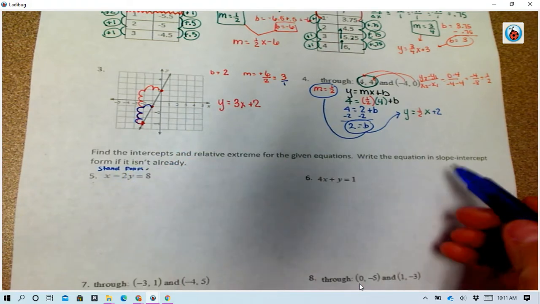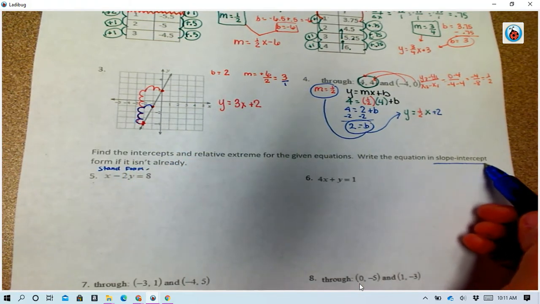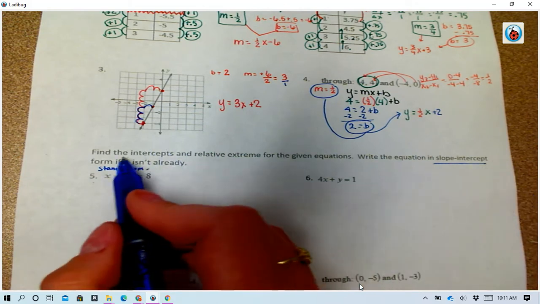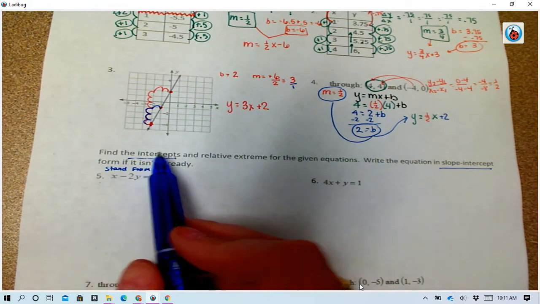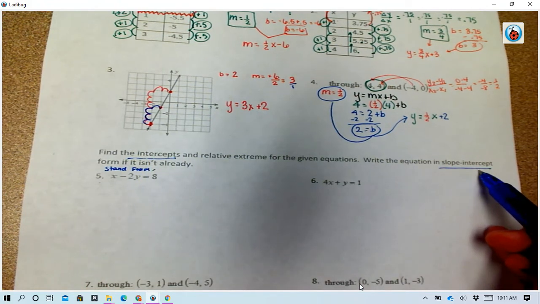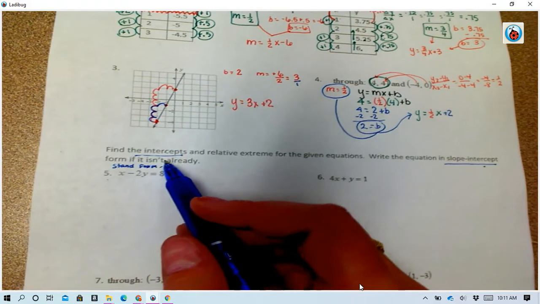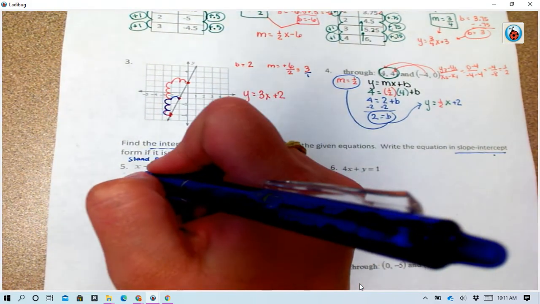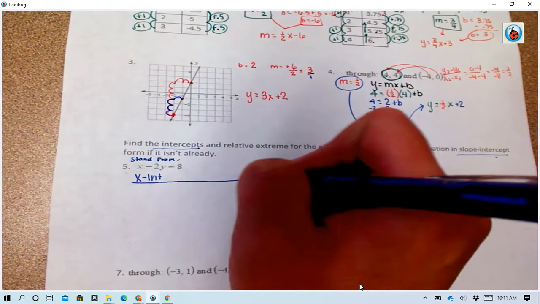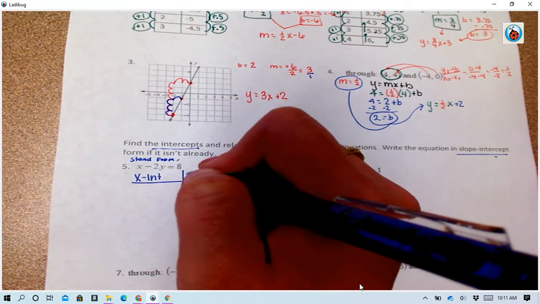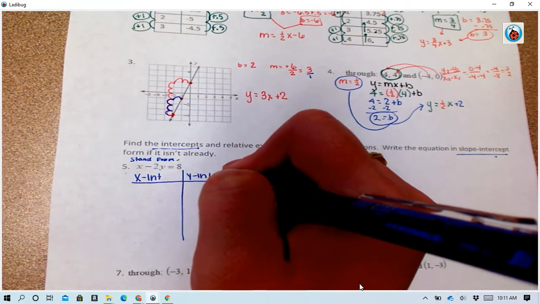You could put it in slope-intercept form first and then find your intercepts, or you could find your intercepts and then put it into slope-intercept form. I'm going to find my intercepts first. So I kind of make a table: an x-intercept, and then a y-intercept.